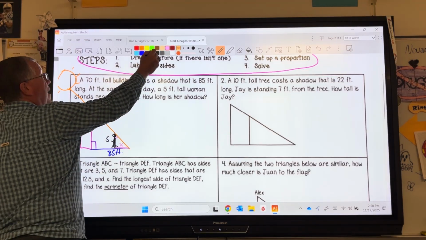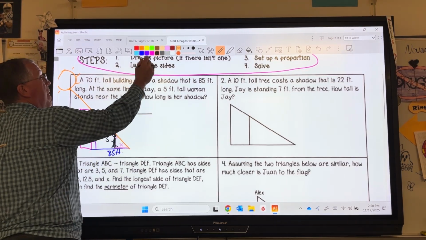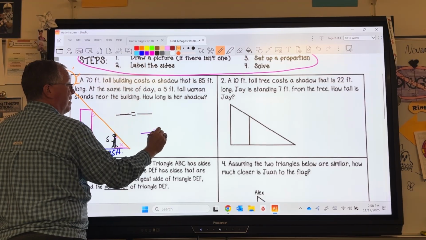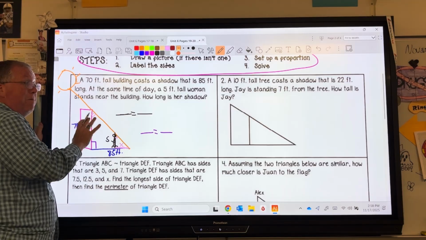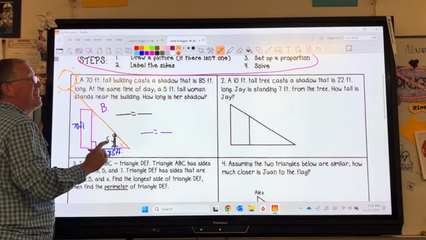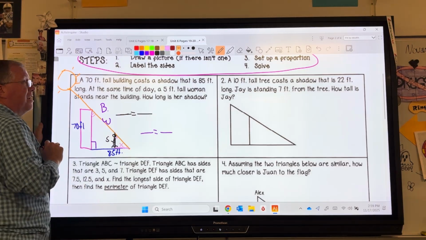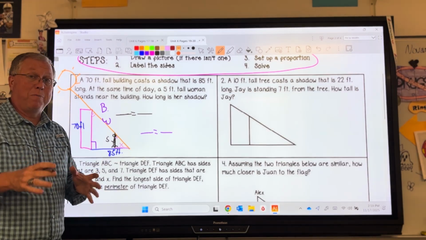So we're going to set up our proportion. That was step number 3. I'm going to set mine up like this. Anything that has to do with the building is going to go on top. Anything that has to do with the woman is going to go on the bottom, okay? And we have to pair up parts with parts.